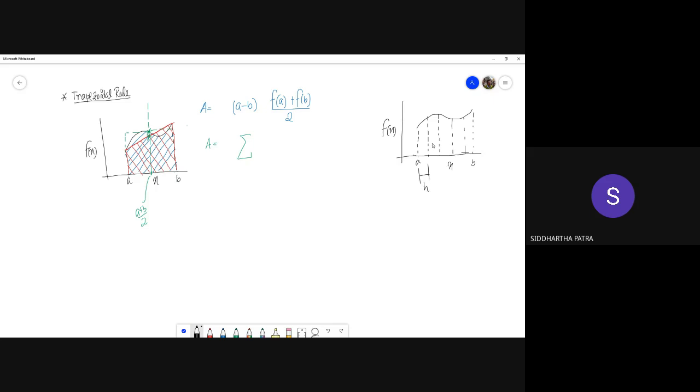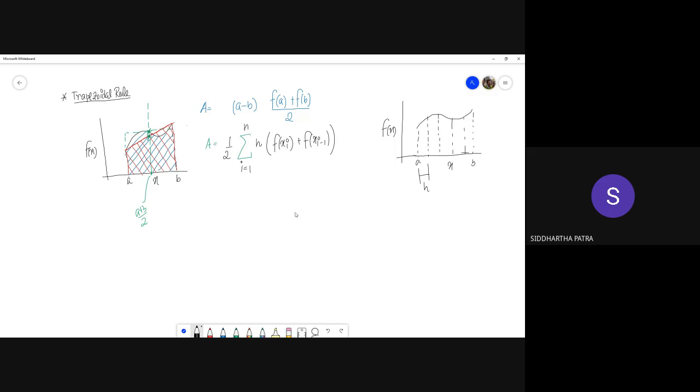So h is the width of the segment. Then there is a half, and you are supposed to evaluate f at xi and f at xi minus 1 for i equals 1 to n.